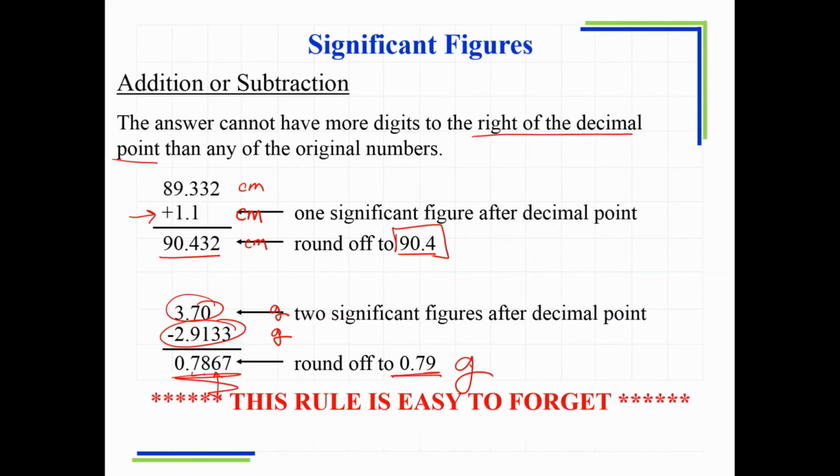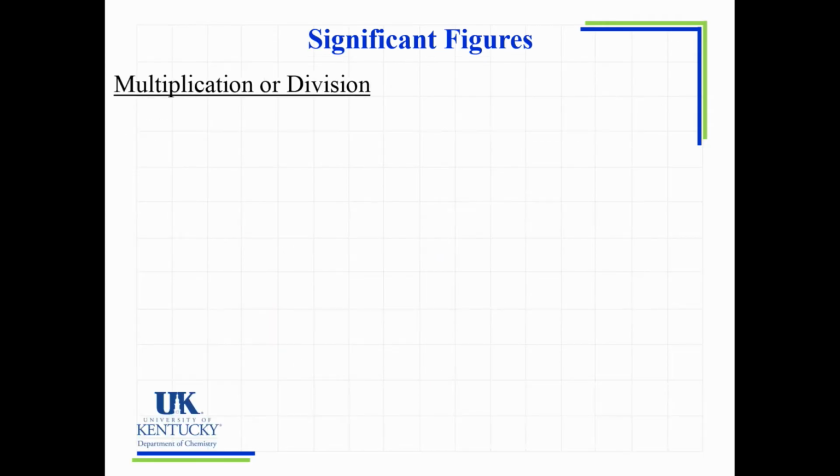Now this set of rules is so easy to forget. Students go off and start doing a lot of multiplication and a lot of division, and they zoom in on that rule and they forget about this one. So make sure you don't forget this one, even though you don't use it very often.